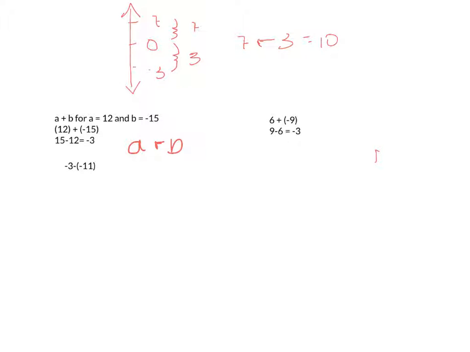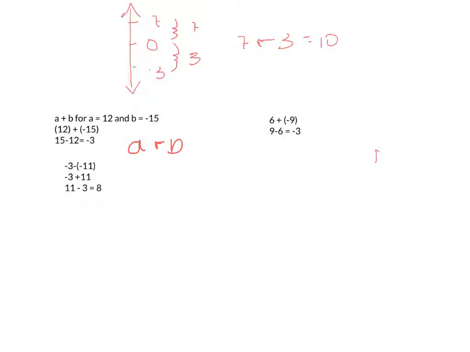Okay, the 11 is asleep, so we have -3 plus 11. Different signs, so we subtract, and we get 8. Woo! Okay, next problem.